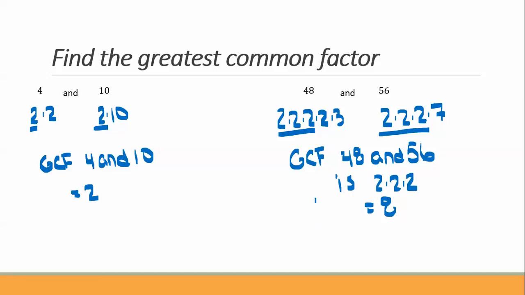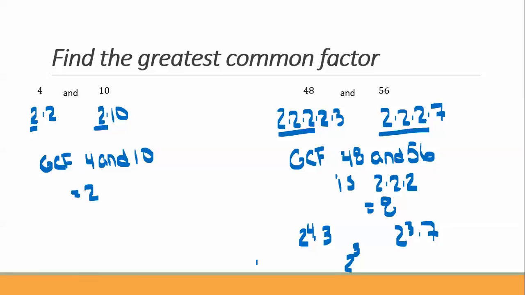I want to point out, remember 48 was 2 to the 4th times 3, and 56 was 2 to the 3rd times 7. Notice it's the same base, they both have a 2, and for greatest common factor, we're going to do the opposite of least common multiple. We're only going to take the smallest exponent, and the factor has to be in both numbers.